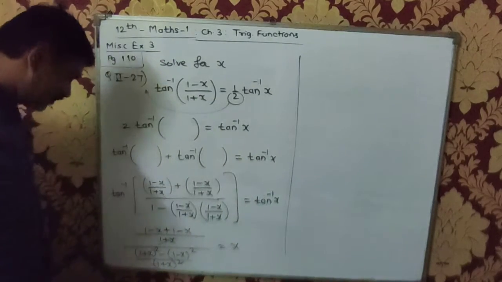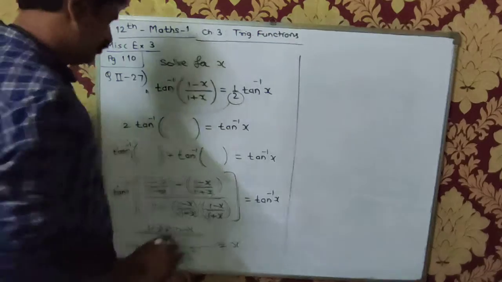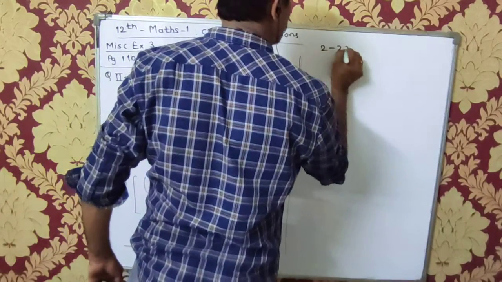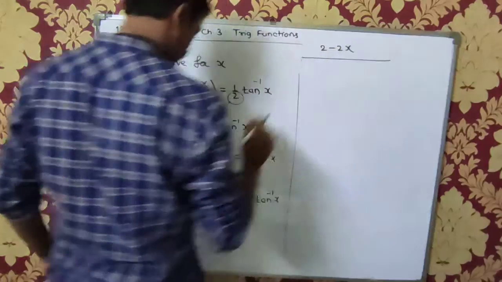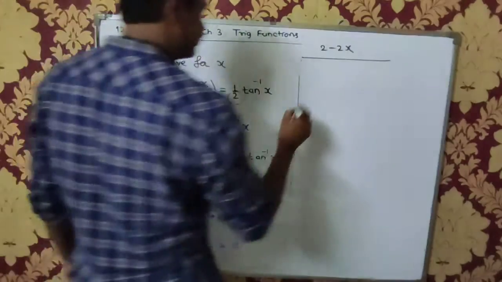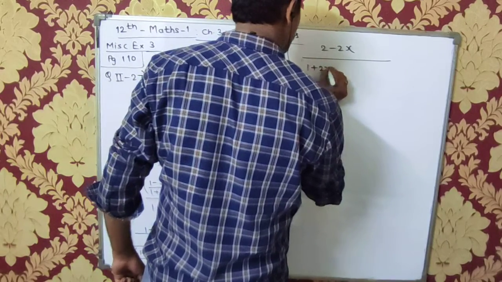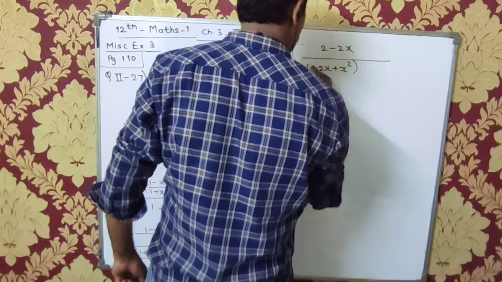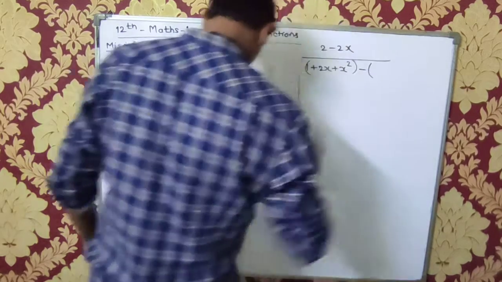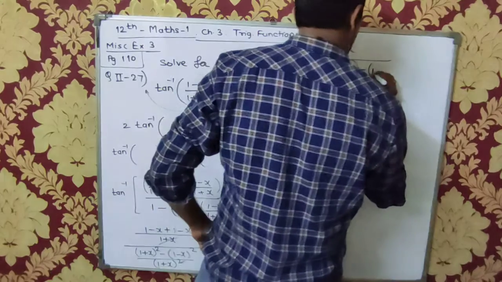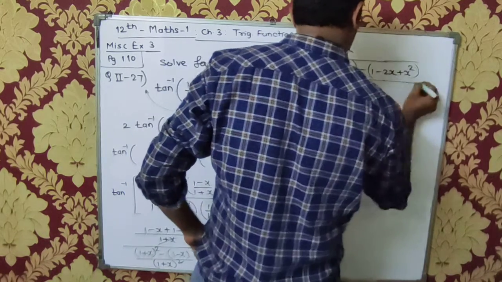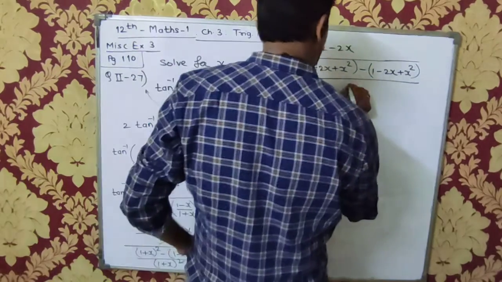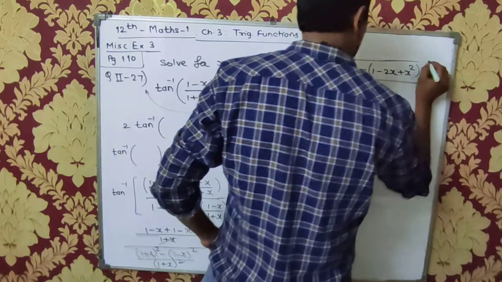So this will be 1 plus 1 2, 2 minus 2x divided by 1 plus x bracket square is 1 plus 2x plus x square minus 1 minus x का square 1 minus 2x plus x square divided by 1 plus x is equal to x.